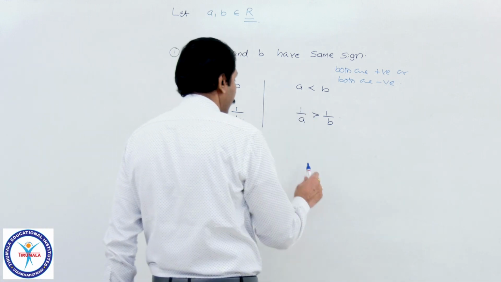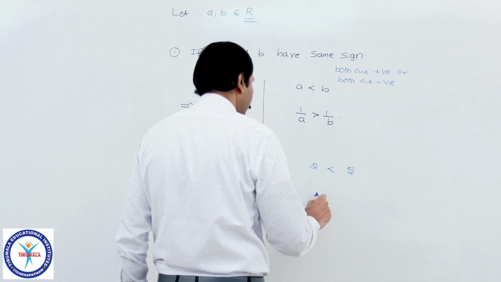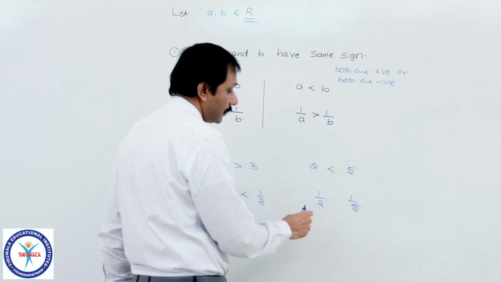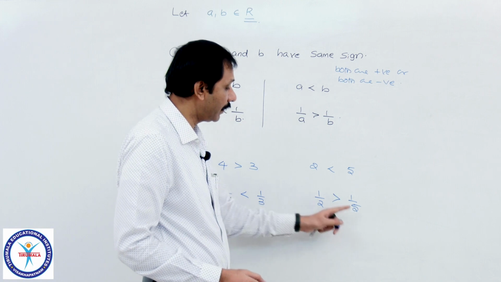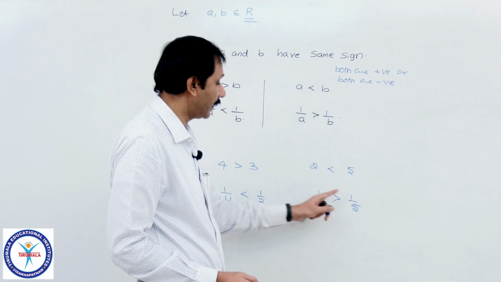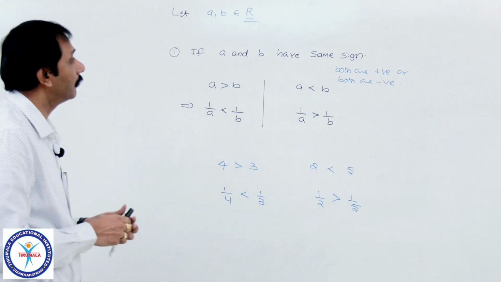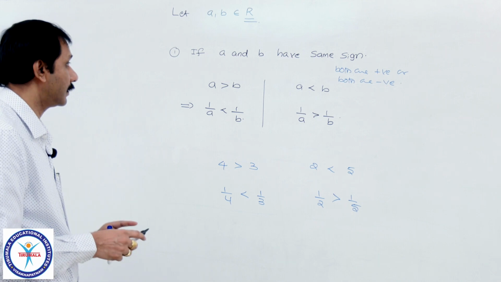Next, if I take 2 less than 5, reciprocals 1 by 2 and 1 by 5, yes, 1 by 2 is greater than 1 by 5. It is 0.5 and 0.2, 0.5 is greater than 0.2. If A and B have the same sign, this is an important point, you must make a note of this.